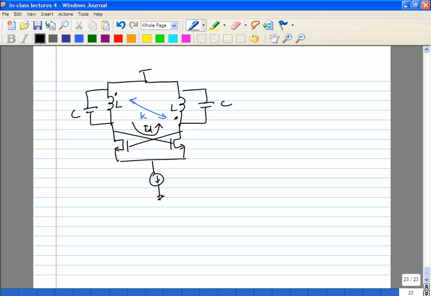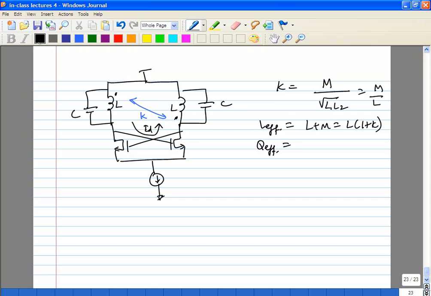Okay, so it's going to produce a positive mutual inductance. So your effective inductance is (1 plus K) times L. Is that clear?